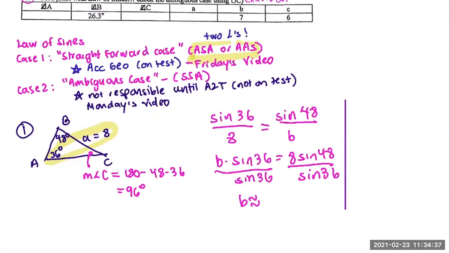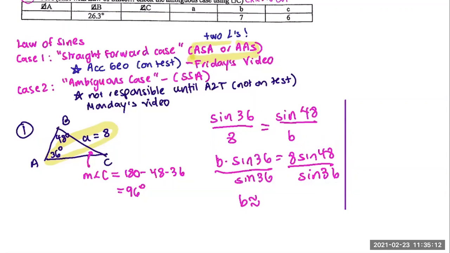So it's sine of the angle over the side opposite, and then same thing, but this time we're trying to figure out the side opposite, which is B. Yeah, so I would just enter this all in on the calculator at once. Okay, yeah, so I would do 8 times sine of 48 in parentheses and then divide by sine of 36.